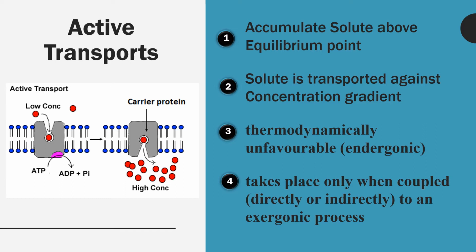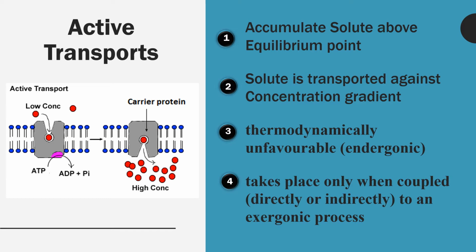Equilibrium means equal concentration on both sides. In passive transport, we have seen that the solute molecules travel from their high concentration region to low concentration region to attain an equilibrium. But in active transport, the solute molecules are transported from their low concentration region to high concentration region, that is against the equilibrium.